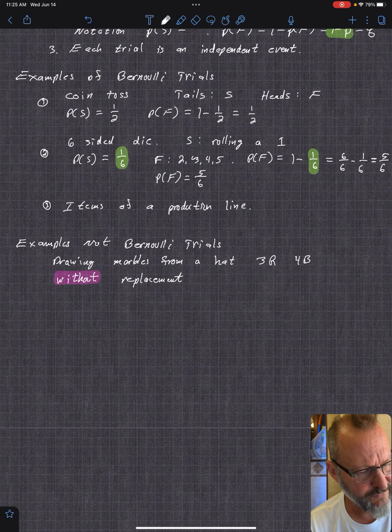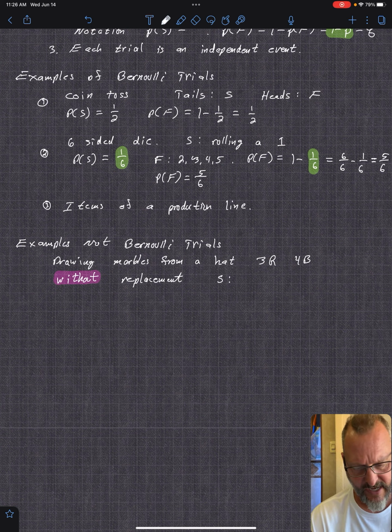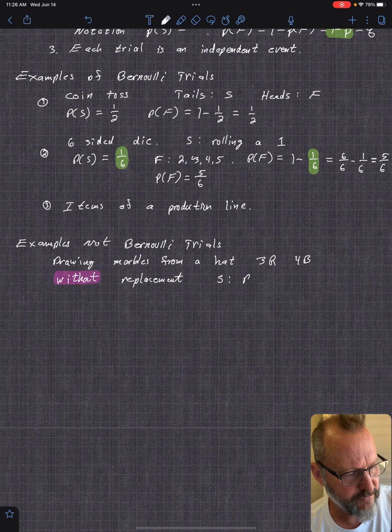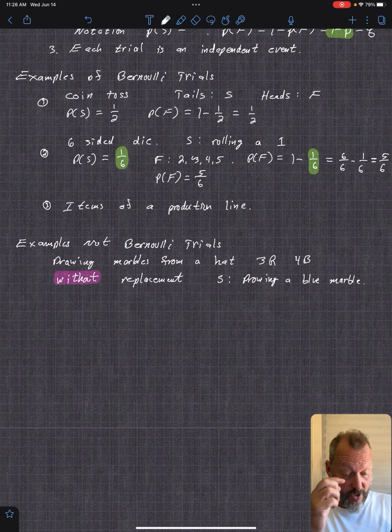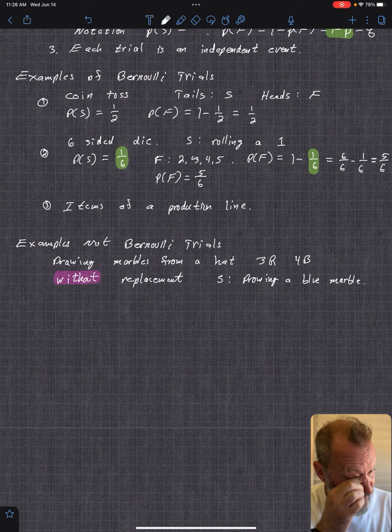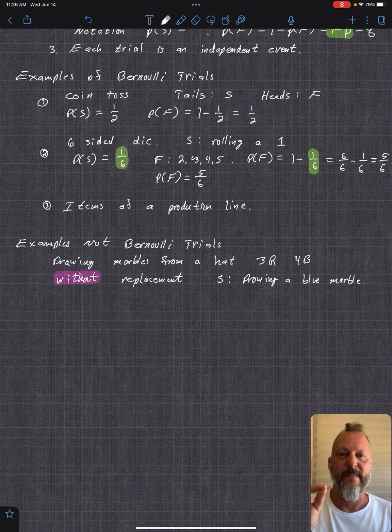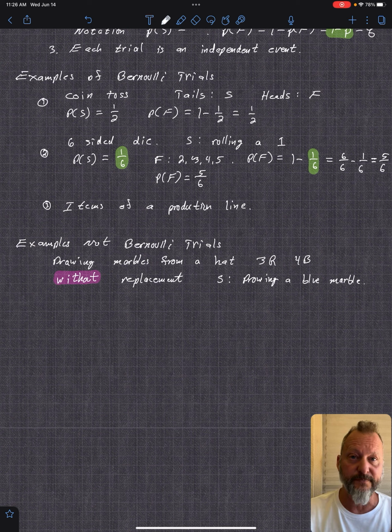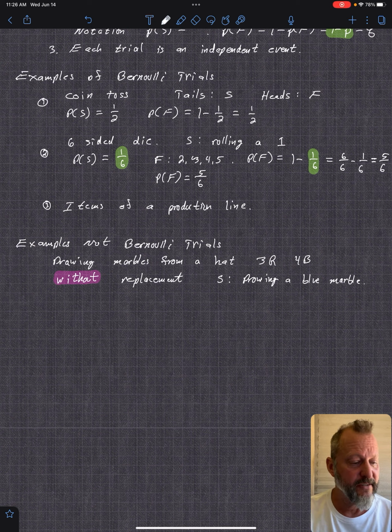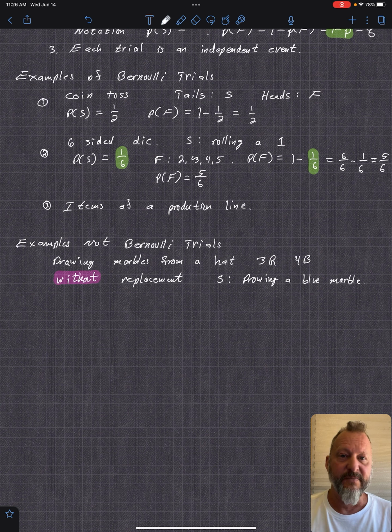Okay, so let's define a success as drawing a blue marble. So as you draw the marbles, the first probability would be 4 out of 7. The total of 4, 5, 6, 7. So 4/7. Now, without replacement, it's not technically a Bernoulli trial because you're not putting it back and then have the same probability.